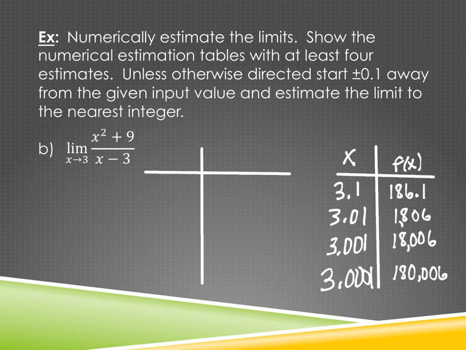Right? And then we're going to change our table to have the 2.9s in them. So 2.9, 2.99, 2.999, and 2.9999.